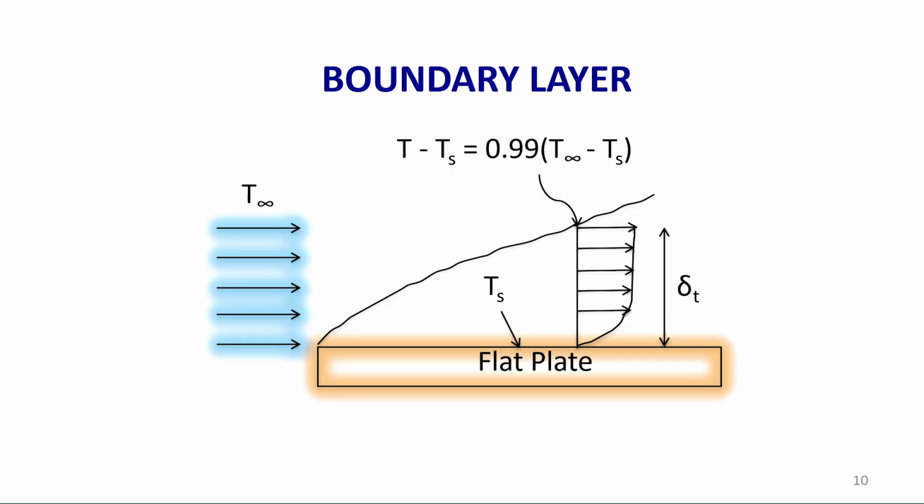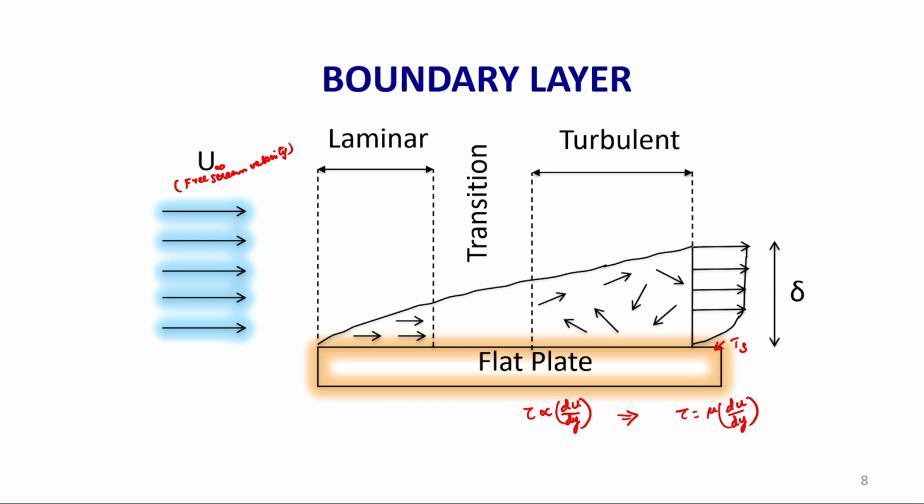Now, the same diagram, and there is one more piece of information which I would like to say. Here, if you see, there is laminar, turbulent and so on. If the Reynolds number, this is for an external flow, is less than 5 into 10 power 5, again let me emphasize, this value is applicable only for external flow over a plate or over a cylinder, not for internal flow.